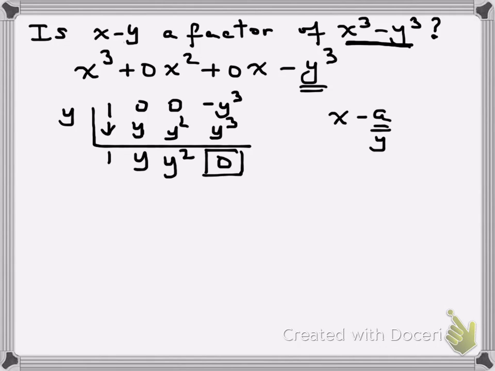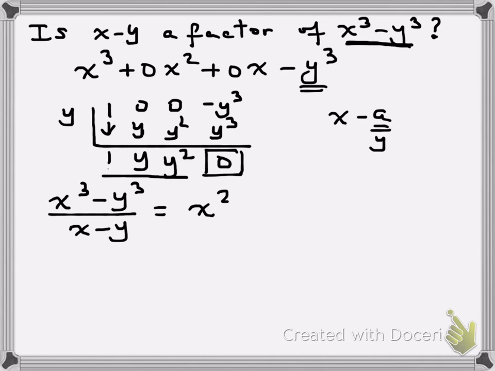So let's write down what this synthetic division tells us. It says that if I divide x cubed minus y cubed by the linear factor x minus y, we get, and here let's take these terms and remember what they represent, the coefficients of my quotient. 1 represents the coefficient of x squared, so I have x squared. y represents the coefficient of the x term in my quotient, so plus yx.